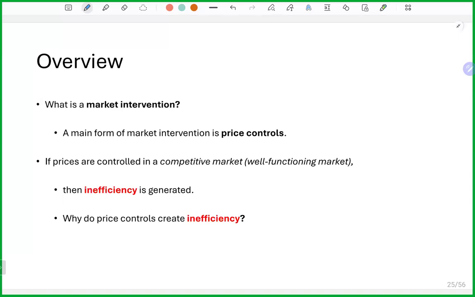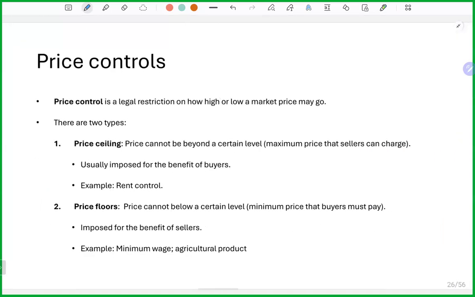Their goal is to maximize what? Efficiency, maybe, sometimes. Of course, we have to believe that they want to maximize efficiency, but in many cases they want to maximize their chance of winning the next election, right? So they want to maximize the voting count. So that's why they want to intervene in the market, and why they sometimes want to control the price.